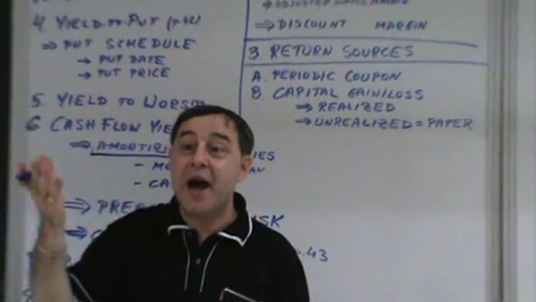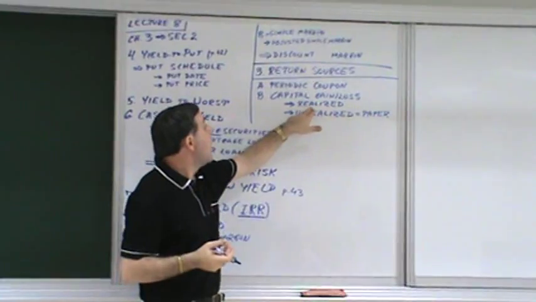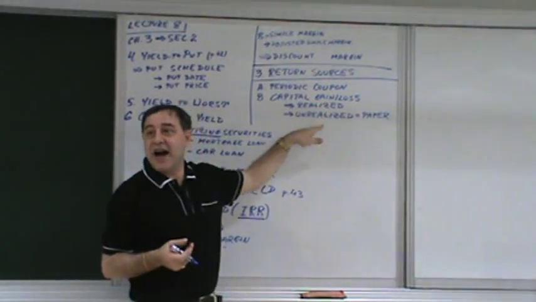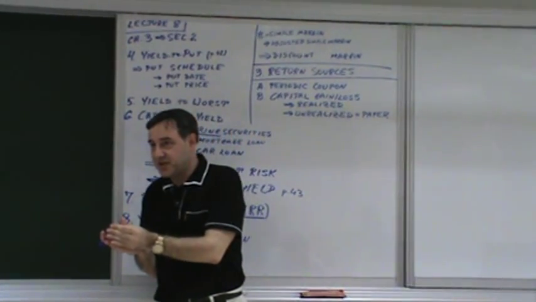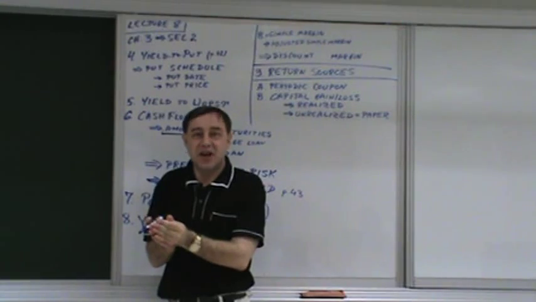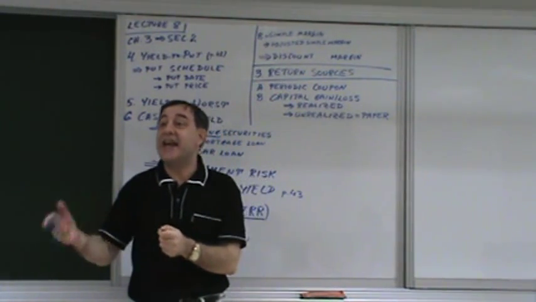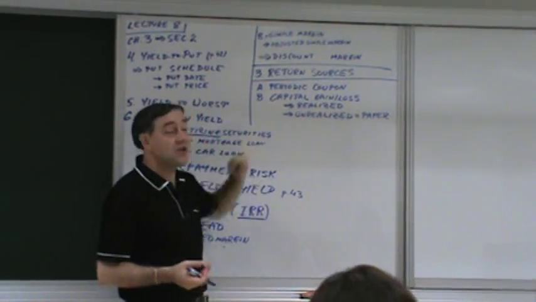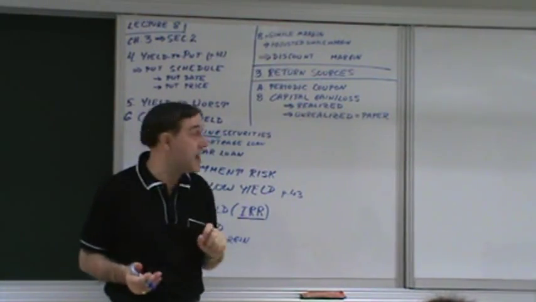Yes, the price went up, but profit, meaning gain, is realized only when it's sold. So unrealized is more a gain on the books. It's not really a real gain until you actually sell it and until you actually cash in the gain itself. So for capital gains, we're looking only at realized gains.